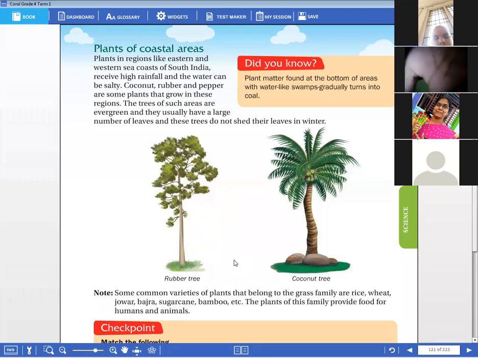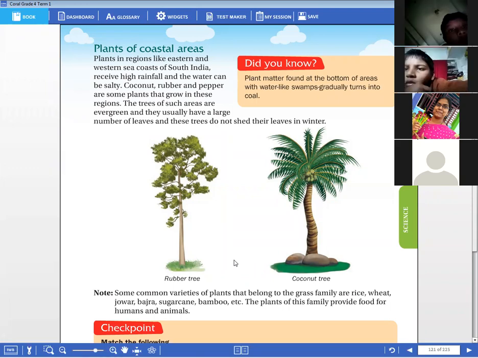For every plant, in the winter season the leaves will be shed, falling down, and again new leaves will come. But plants grown in coastal areas like the rubber tree and coconut tree won't shed their leaves in the winter, and they have a very huge number of leaves, not one or two, we can't count them on our fingers, children. There are many leaves.